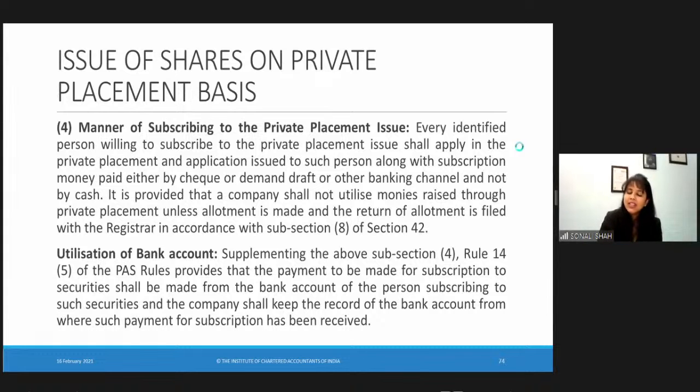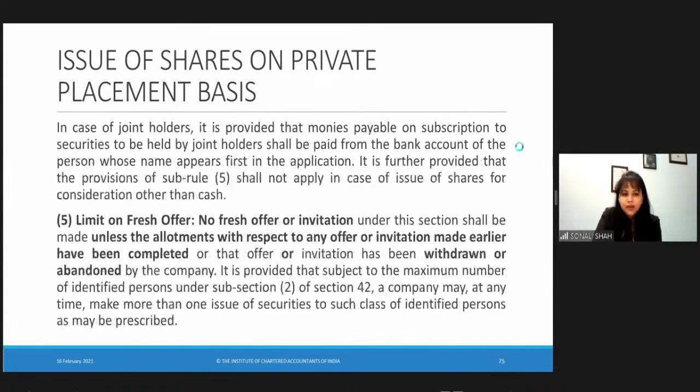It will always go from the bank account of the person who has received the invitation, right? Now, talking about the situation where there are joint holders, the money will be transferred from the account of the person who is named first in the issue of shares, right? Is that clear?